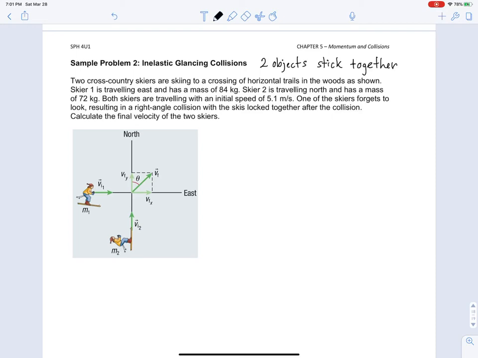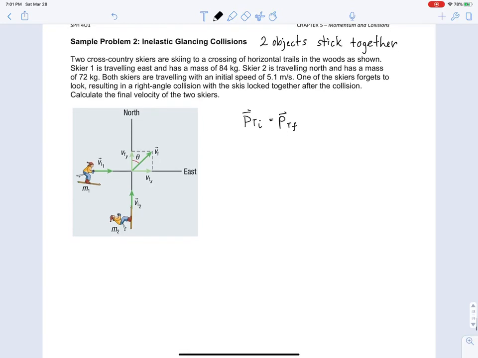So let's start examining. We know that the total initial momentum is equal to the total final momentum. The momentum of object number 1 is equal to mass 1 times the initial velocity for this object.